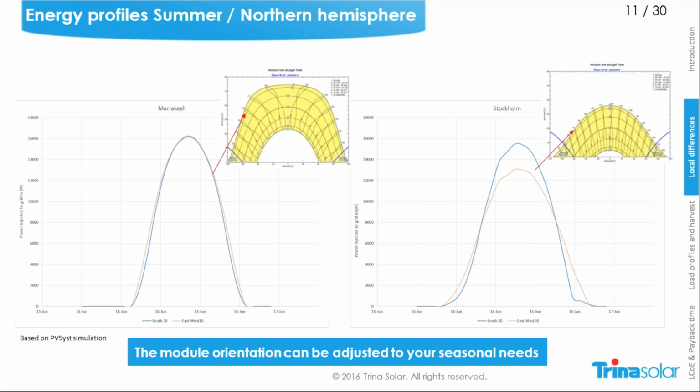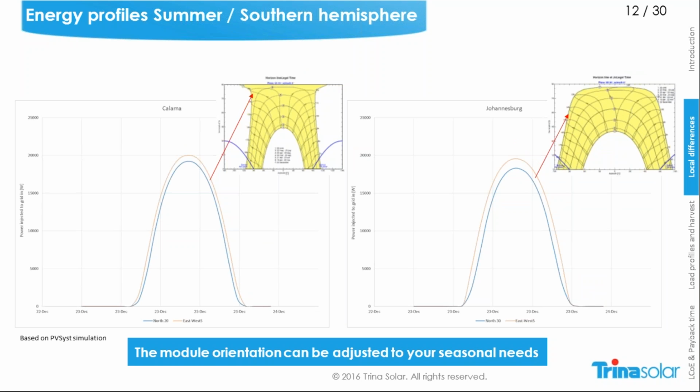Then maybe it's better to install east-west because the curve is wider and the energy will be produced at a time where you need it. That means also the requirements, for example, for storing the energy will be slightly lower. That means you can also have, for example, smaller batteries, or you have an earlier power harvest in the battery.